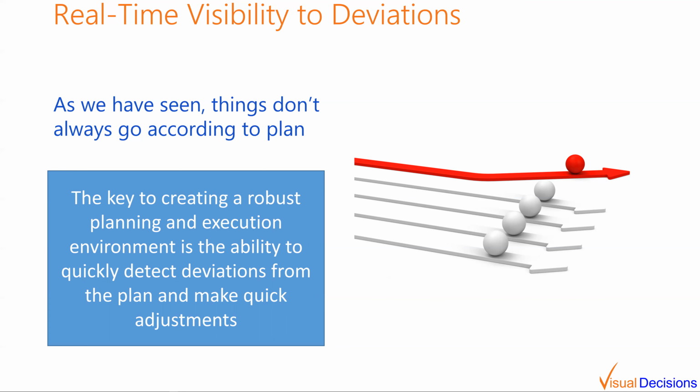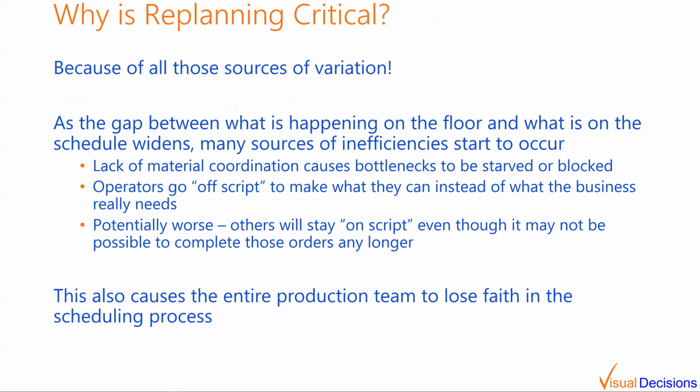So once you start getting those variations from the plan, you have a lack of material coordination within your operations. You might starve yourself from raw material. You might be producing the wrong product because of changes in demand profile. Operators will go off script to make what they can instead of what the business really needs. Others will stay on script, even though it may not be possible to complete those orders any longer.